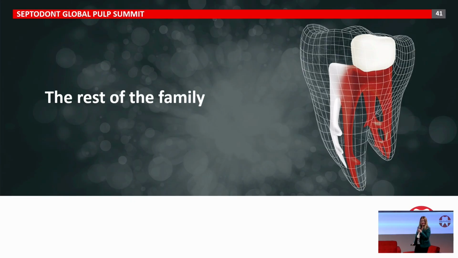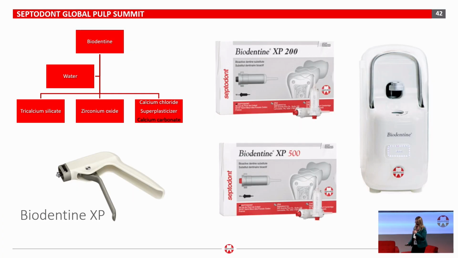What about the rest of the family? So these two materials have done very well, but Septodont decided to introduce more members to the family. So the members to the family, we have now the Biodentine XP, where we get two types. We get the 200 and 500, because a lot of clinicians were complaining because they had too much, because before it was 700 micrograms, and there was a lot of waste.